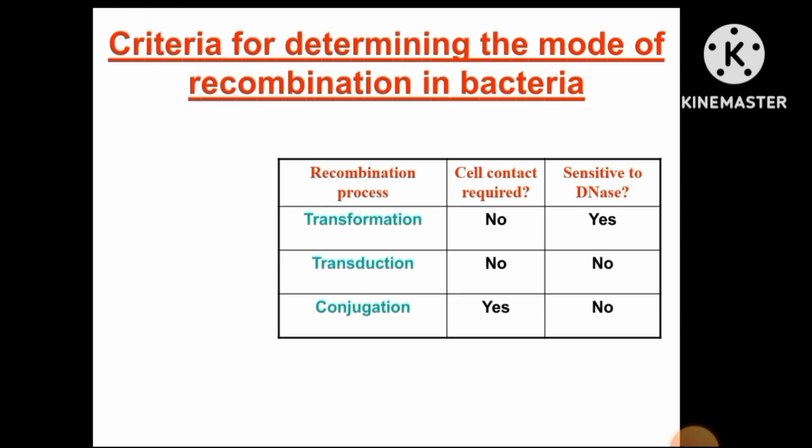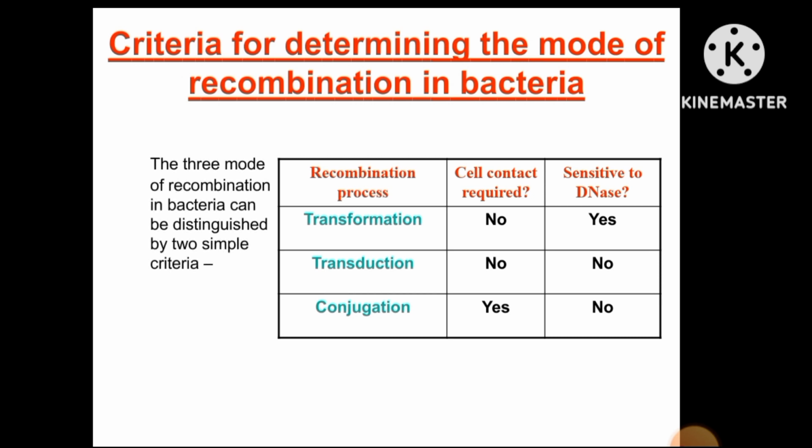So when we have to differentiate whether the transfer of the genetic material occurred by transduction, transformation, or conjugation, the two very basic criteria on which we can differentiate are cell contact and sensitivity to DNase.